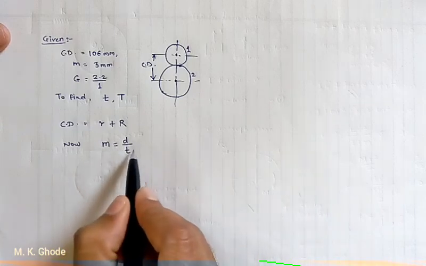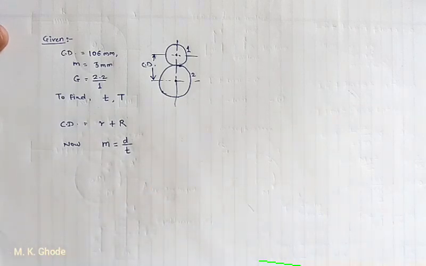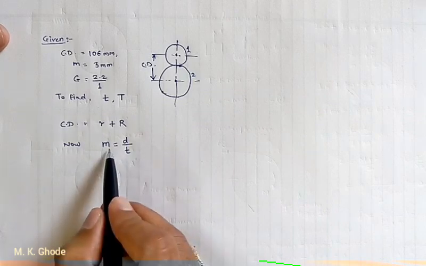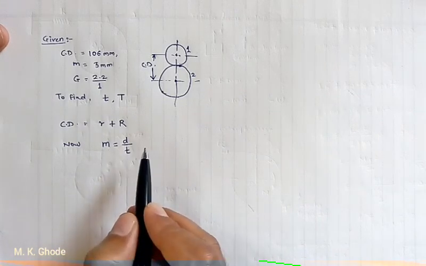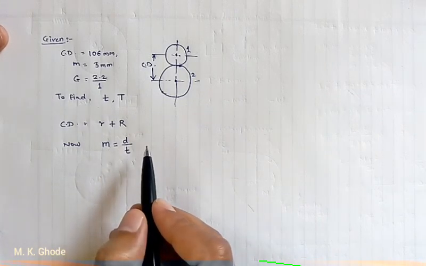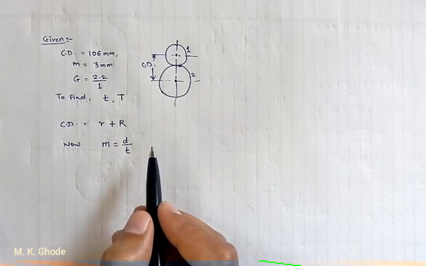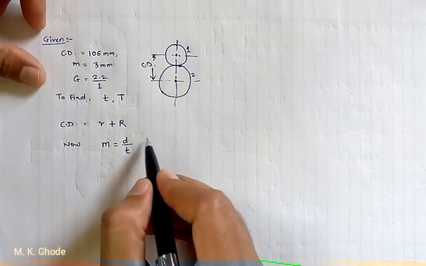So for the pinion, the module will be d by t. Remember, the module for any two meshing gears is always the same.